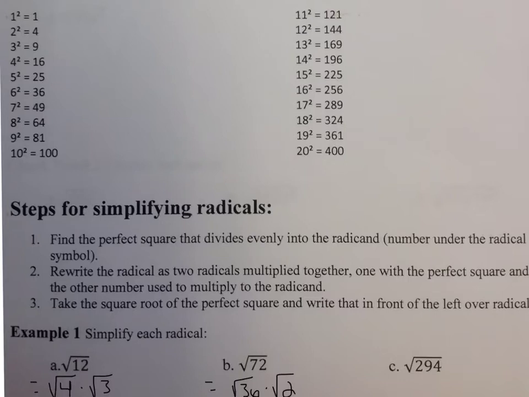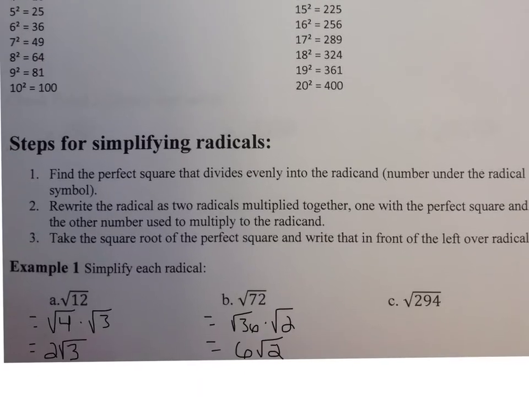I know 100 is not going to go into 294, so I can skip that one. Let's do 81. 294 divided by 81 is 3.6, that's a decimal, so it doesn't work. So try 64 then. 294 divided by 64 is 4.59, keep going down the list. 294 divided by 49 is 6. We finally found one that goes in evenly.